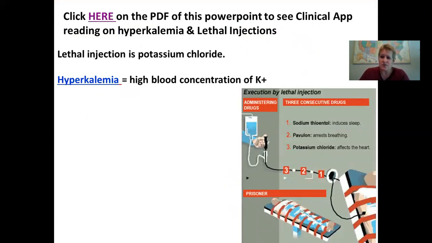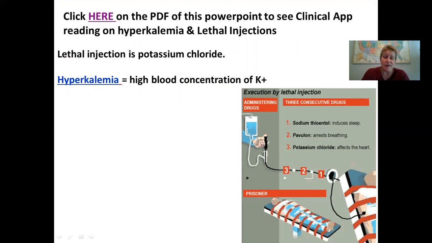Okay, so let's look at this. Is this important for human health? It sure is, okay? Hyperkalemia is a high blood concentration of potassium. So hyper means excess, and the K is for potassium, and emia means in the blood. So it literally means high potassium in the blood. Who cares, right?